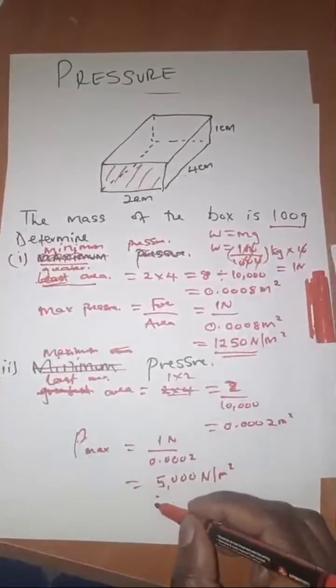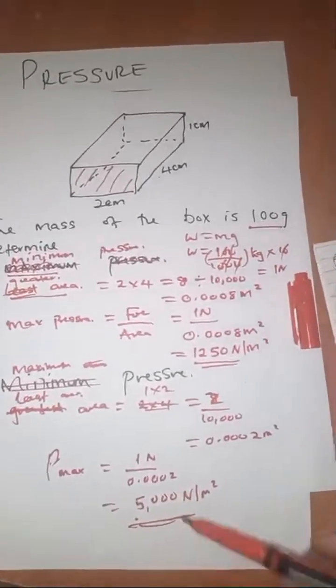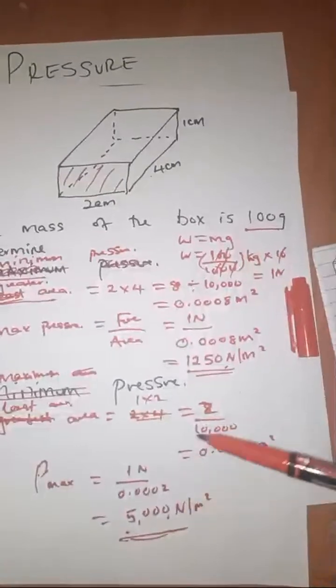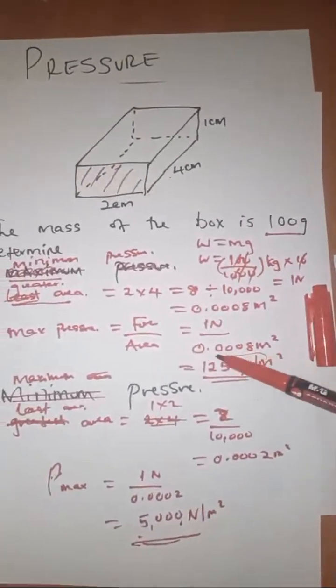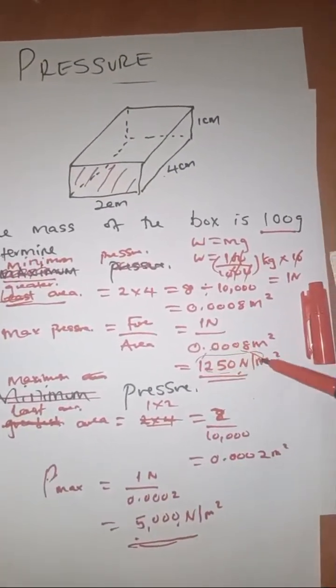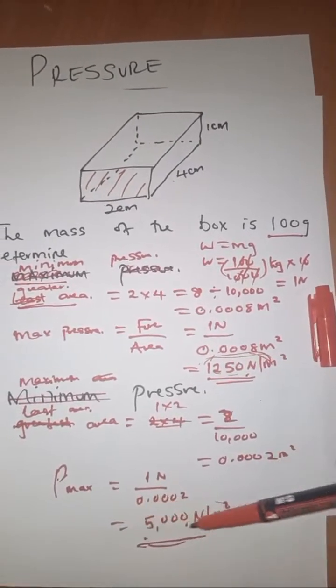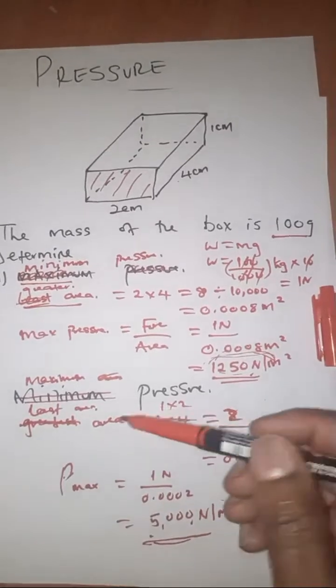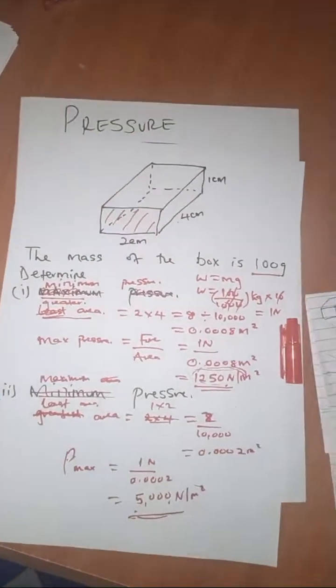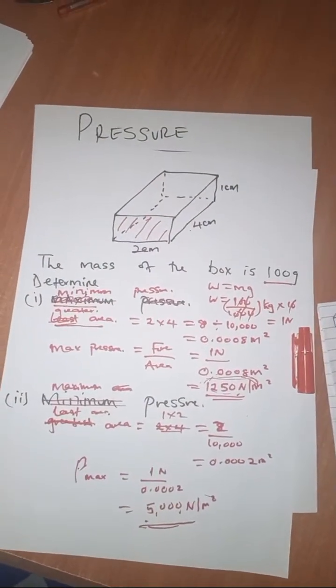If you compare these two answers, this one is the least or minimum pressure, while this one is the big or greatest pressure. That's how we are going to answer that part.